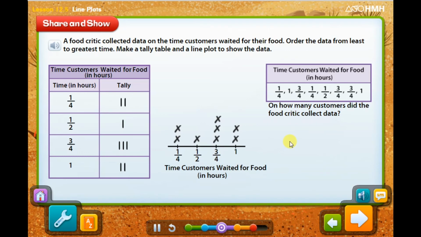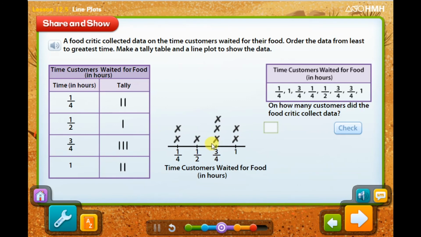Using your line plot, on how many customers did the food critic collect data? Enter your answer in the space provided. So he collected 2 customers for 1/4, and 1 customer who chose 1/2, 3 customers chose 3/4, and 2 customers chose 1.